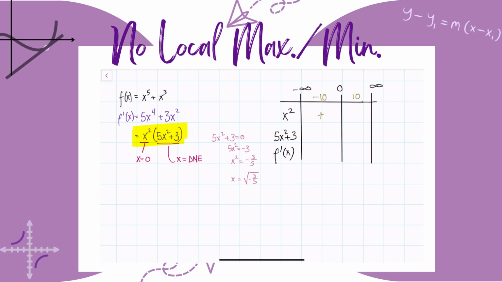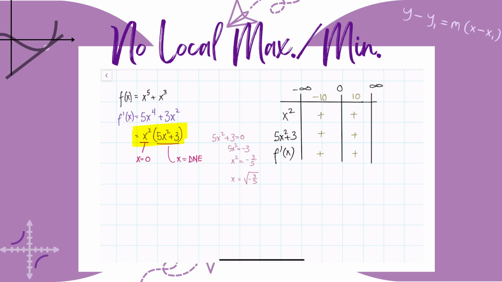And if I plug in negative 10 into 5x squared plus 3, I will also get a positive. So my result will be positive. And after, if I plug in 10 into the equation, I get positive here, positive here, positive here.